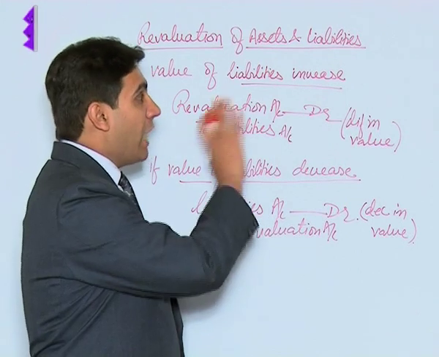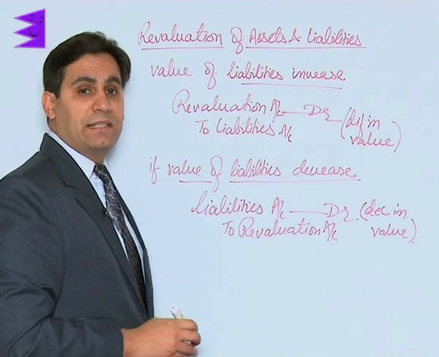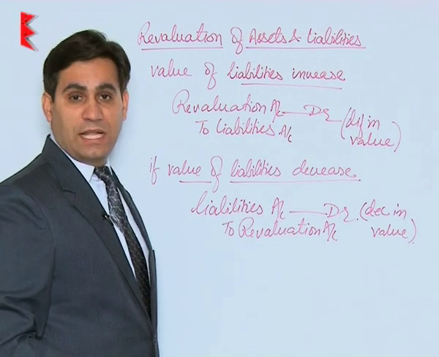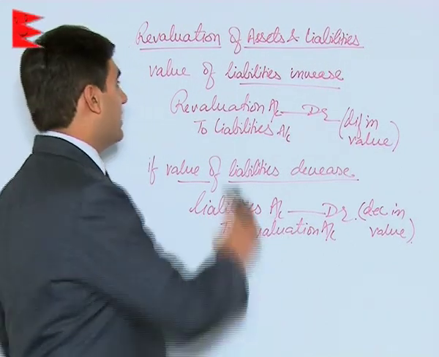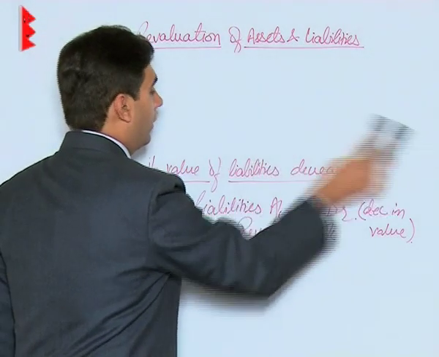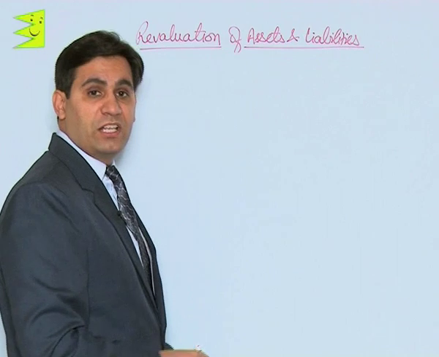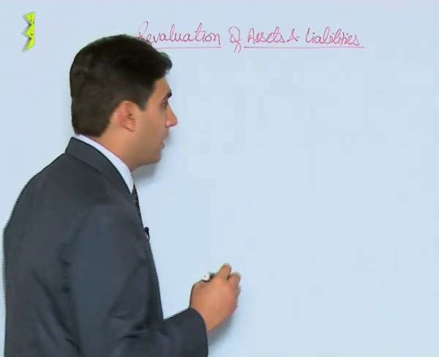Now, when you have made all the adjustments regarding assets and liabilities, if the revaluation account tallies out, that is okay. But in some cases, it might show certain profit or loss. That profit or loss should also be transferred to the partners' capital accounts.